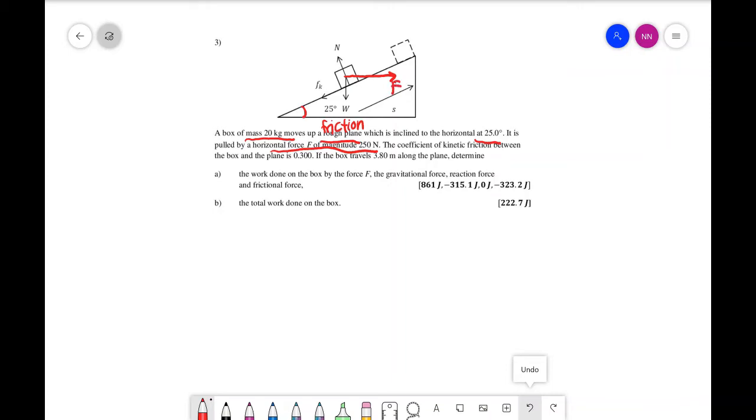The coefficient of kinetic friction between the box and the plane is 0.3, so mu is 0.3.